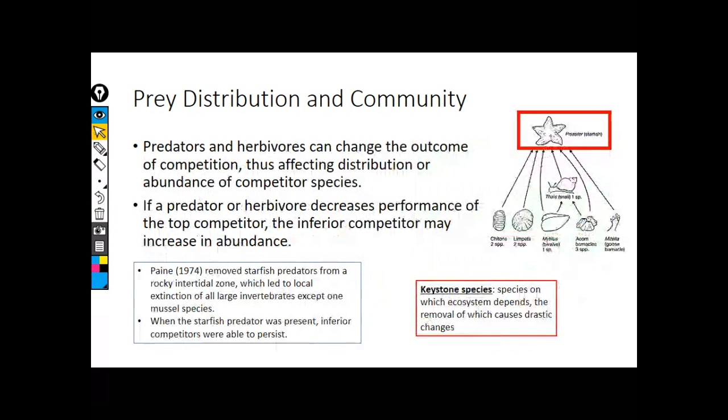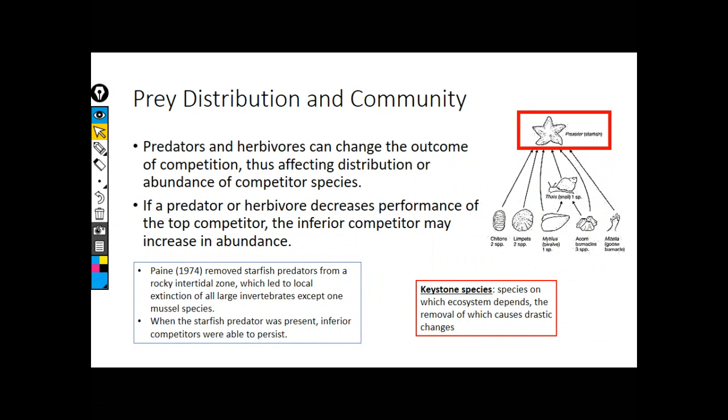Now, as we can imagine, these are good and bad things, right? When you start messing around with communities, you start affecting outcomes. So, for example, predators and herbivores alter our entire trophic system.